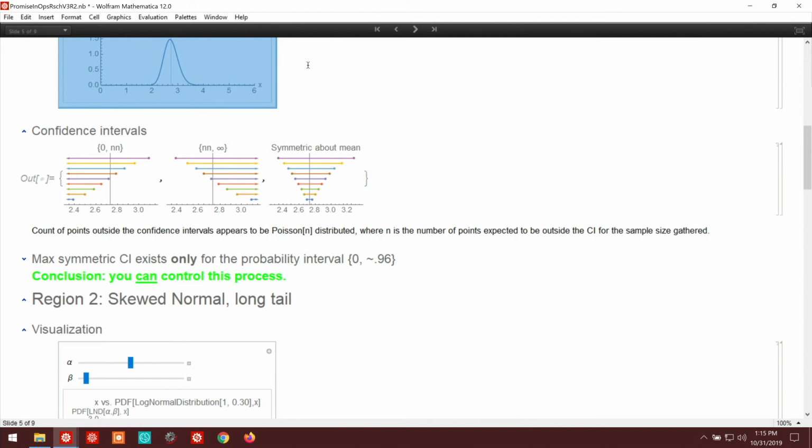Symmetric about means that the probability of drawing a sample that falls into the left part, with the boundary being the vertical line, is equal to the probability of falling into the right-hand interval. In other words, the symmetry has to do with probabilities rather than with length of the interval, okay?